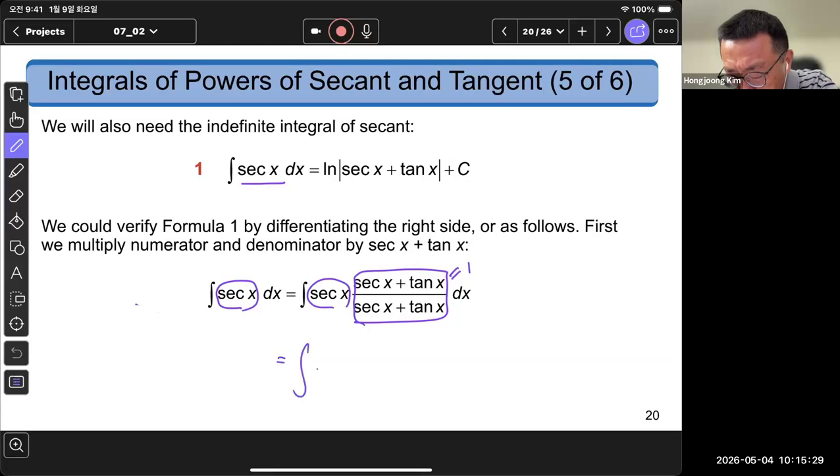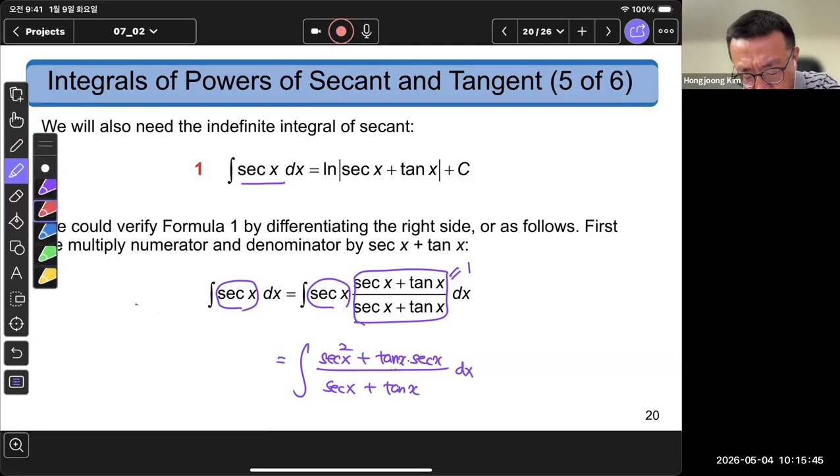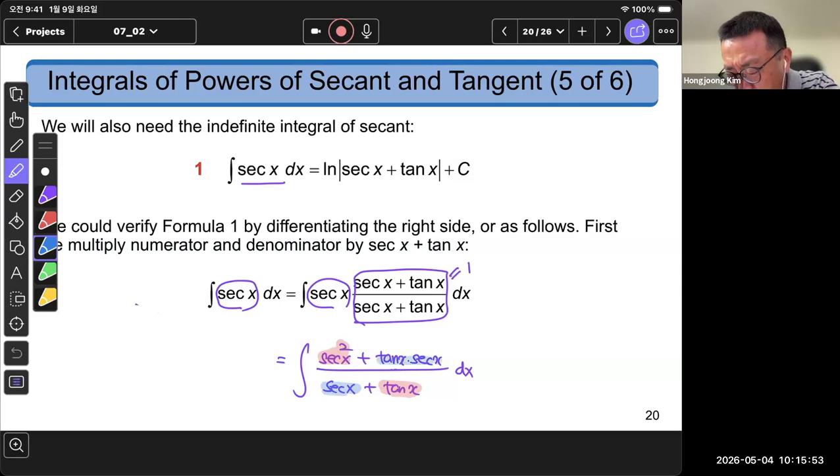Then we get secant x squared plus tangent x secant x over secant x plus tangent x dx. Now, if I differentiate tangent, you get secant x squared. If I differentiate secant, you get tangent x secant x, right? So if I differentiate the denominator, you get the numerator. So the antiderivative, the integral, will be this.